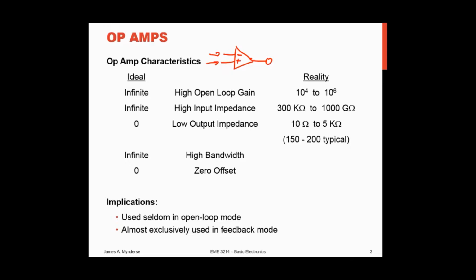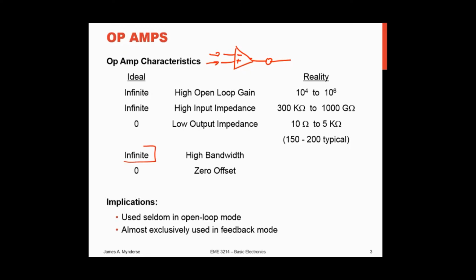The assumption is also that it has zero output impedance on the output side, so it can drive anything, right? That's not true, but it's close enough. Typically, you got 150, 200 ohms. They're able to drive reasonable circuits.